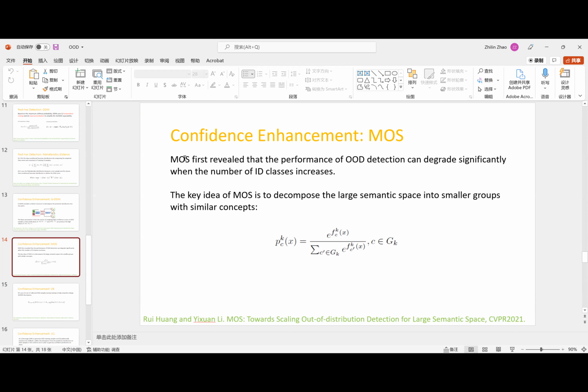If you have many classes, the algorithm first divides the data set into several groups. You can use k-means, or you can use the known hierarchical structure of the classes, and then calculate the softmax for each group.